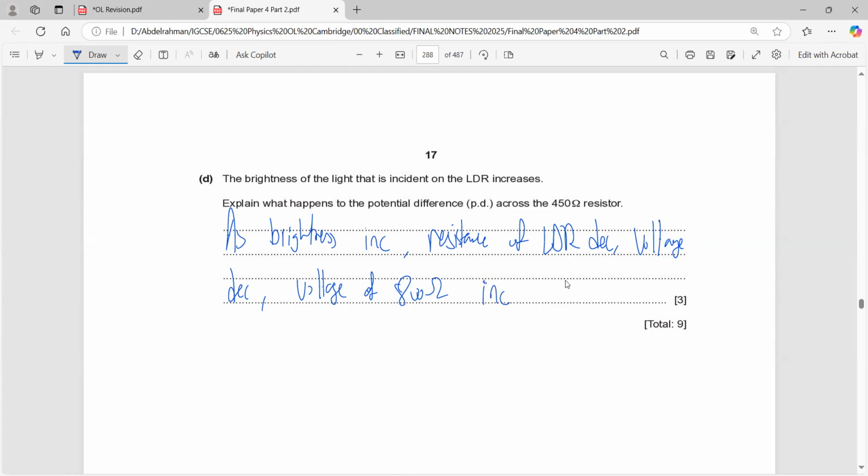You need to say that the voltage on the 800 ohm resistor increases, because they are kind of in series. So the resistance of the LDR and the 450 ohm resistor decreases, therefore the voltage across the 800 ohm resistor increases.